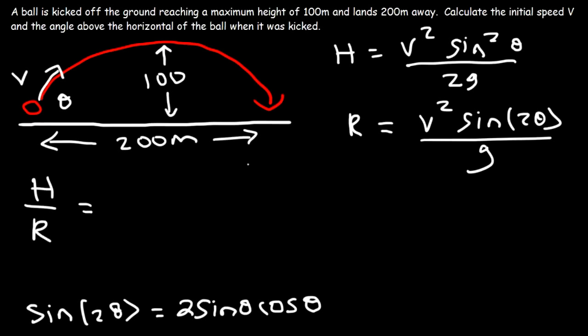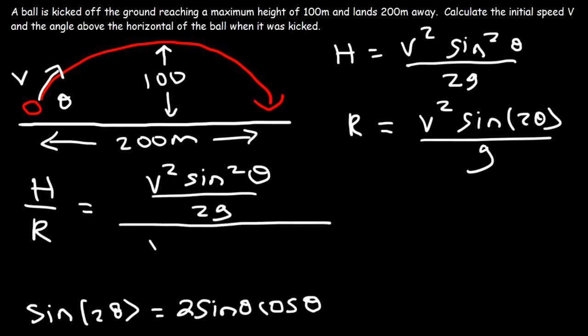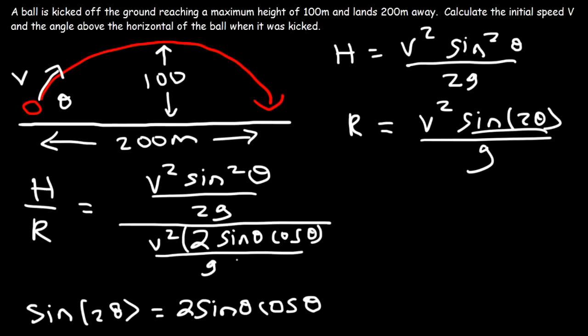And so we're going to get an expression that looks like this. V squared sine squared theta over 2g divided by v squared, and I'm going to replace sine 2 theta with 2 sine theta cosine theta over g.